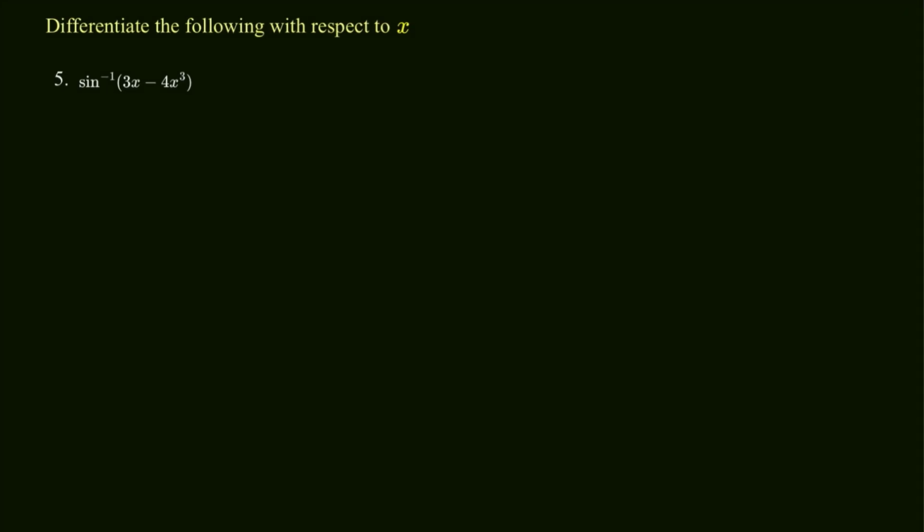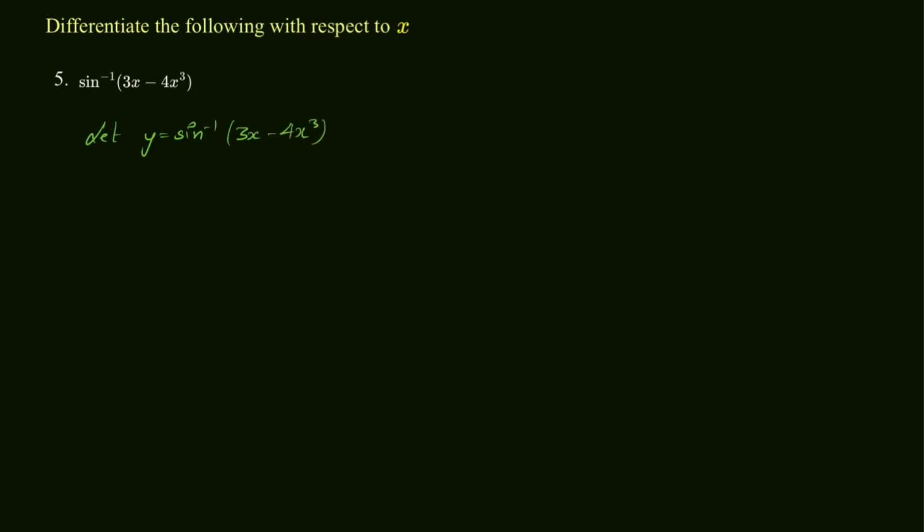Question number 5. So here also we can see that inside sine inverse function there is x, so we will assume x as another trigonometrical function. So let y equal sine inverse of 3x minus 4x cubed.